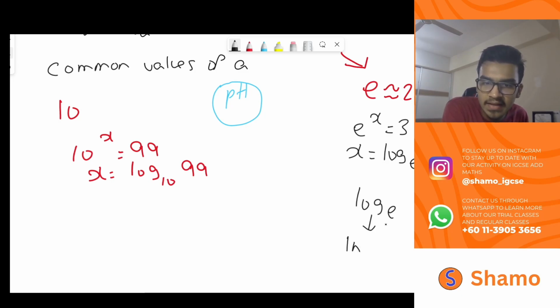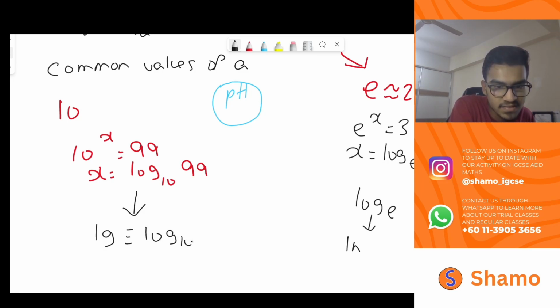So ln is equivalent to log base e. It's just a short form. It's saving you two letters. I guess it makes a lot of difference for mathematicians. That's why they use it. And for log base 10, they write lg. That's equivalent to log base 10.